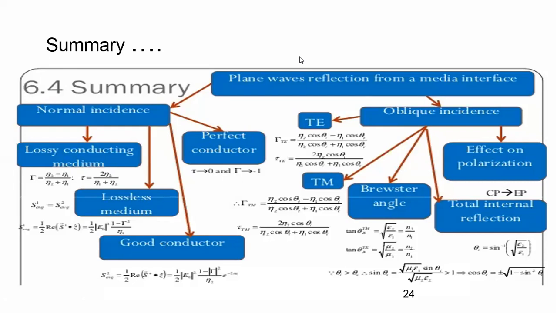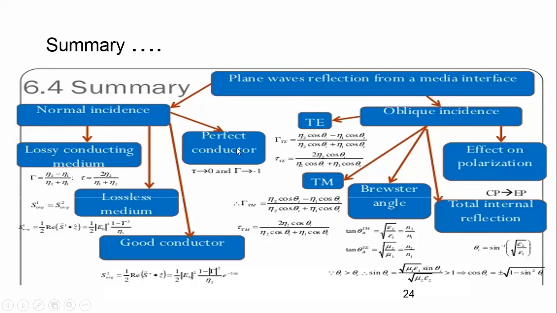Similarly, for oblique incidence: TE and TM modes, Brewster's angle, the effect on polarization, and total internal reflection. In all cases, whatever we have calculated, the expressions mentioned here are required for the lossy conducting medium, the lossless medium, the good conductors, and the perfect conductors.